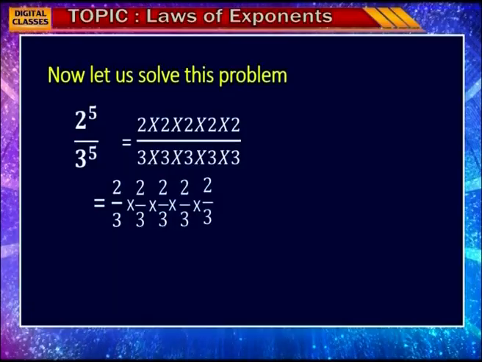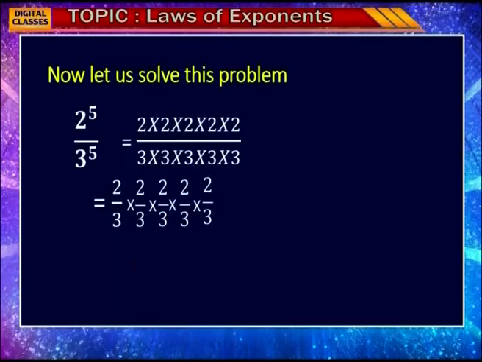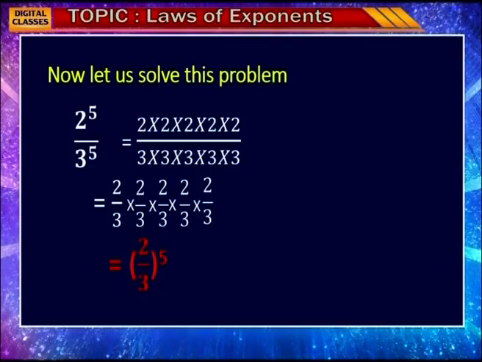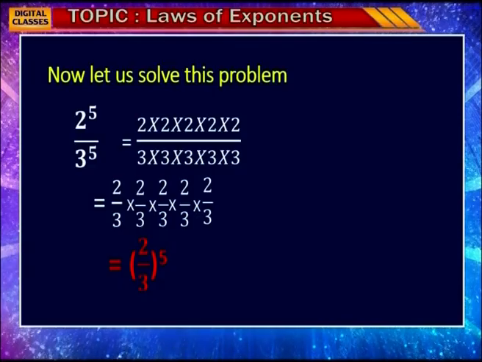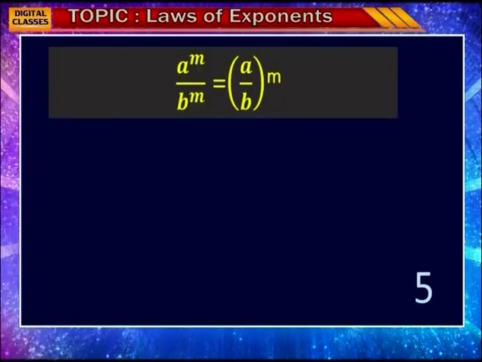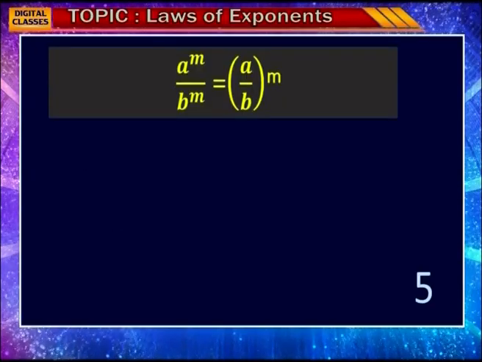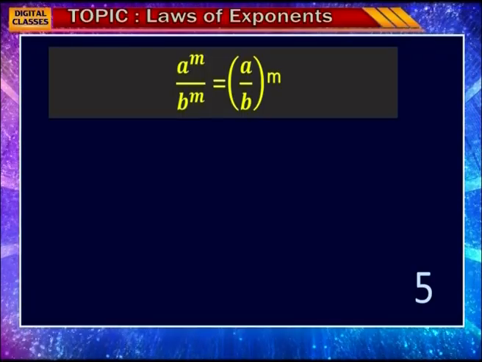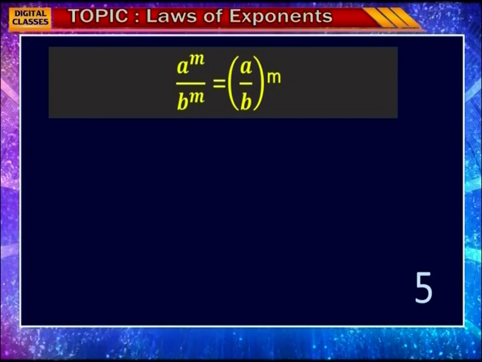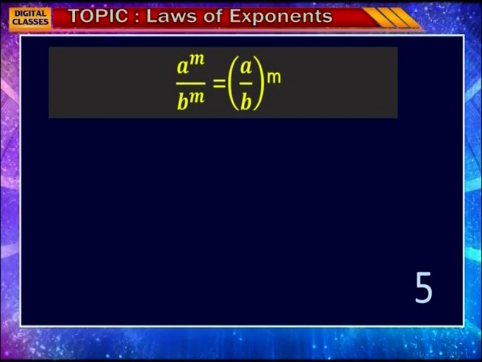There are 5 2 by 3's. So, this one you can write like 2 by 3 whole to the power of 5. So, here in this problem, when the bases are different and the powers are equal, when division is there in between them, you can put a bracket and you can put one exponent.